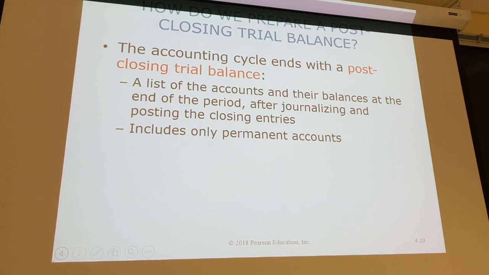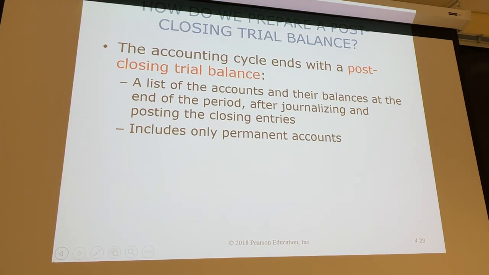Okay, then the last thing we do is we prepare a post-closing trial balance. So notice we actually now have three different trial balances. We had the unadjusted trial balance, we had the adjusted trial balance, and now we have the post-closing trial balance.